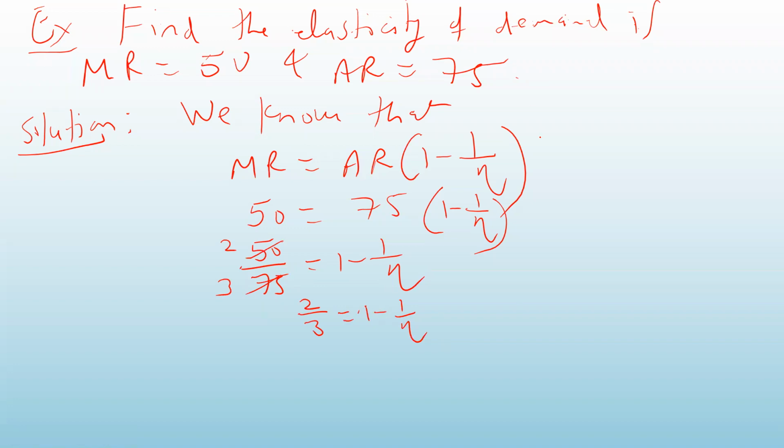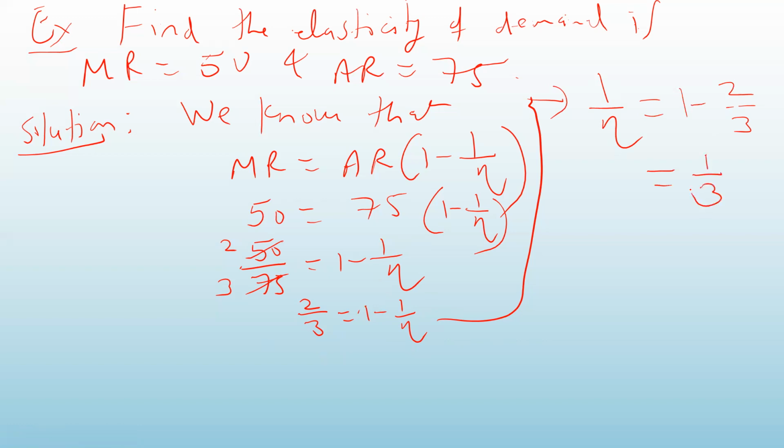The term which contains eta, minus 1 upon eta, I'll shift to this side, so its sign will change and it will become plus 1 upon eta. And this 2 by 3, I will shift to the other side, so it will become minus. Now what is 1 minus 2 by 3? It will be 1 by 3.